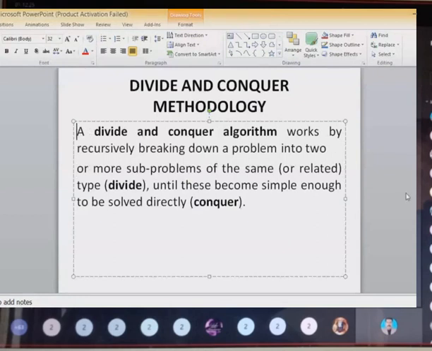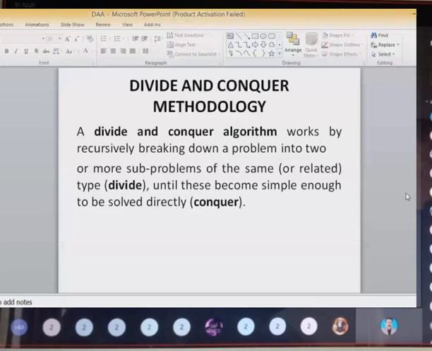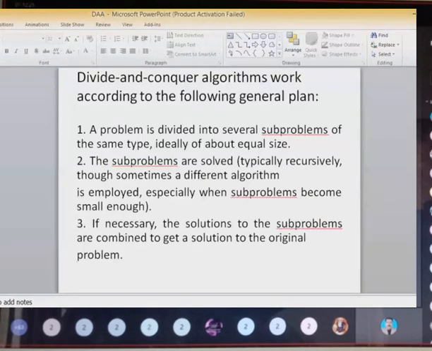This divide and conquer algorithm works by breaking down the problem into two or more subproblems of the same type. This is called divide. Conquer is where the subproblems can be solved easily. Finally, combining the subproblem solutions is called conquer.